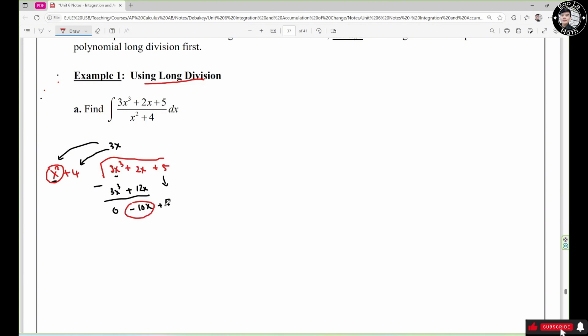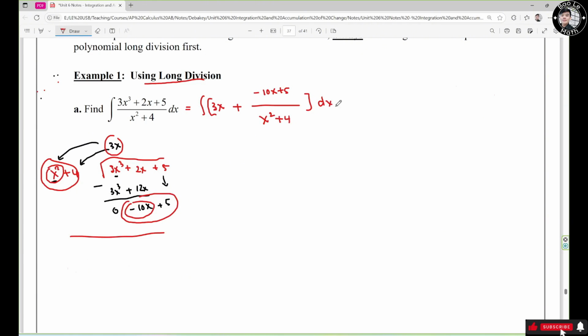So you rewrite this as the antiderivative of the quotient, 3x, plus the remainder, negative 10x plus 5, over the divisor, x squared plus 4, dx.